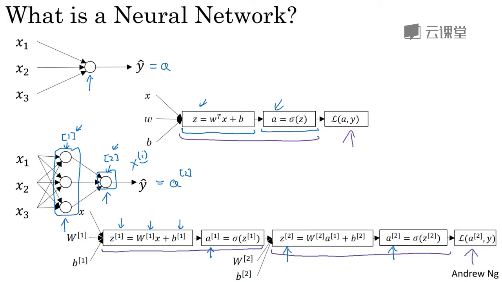And you remember that for logistic regression, we had this backward calculation in order to compute derivatives, right? So computing da, dz, and so on.